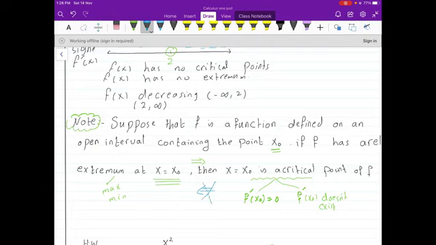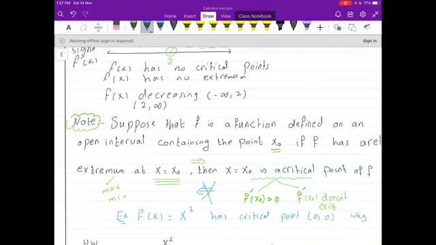This direction does not work the other way. It is not necessarily true that every critical point has a max or a minimum. And we see from the examples we solved that we find the critical point but this critical point has no max or minimum. A simple example: if you take the function f of x equal x to the power 3, this function has a critical point 0, 0.